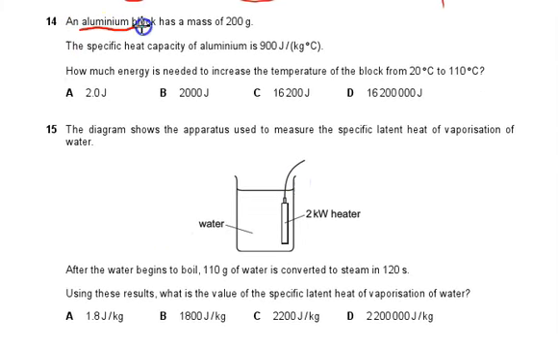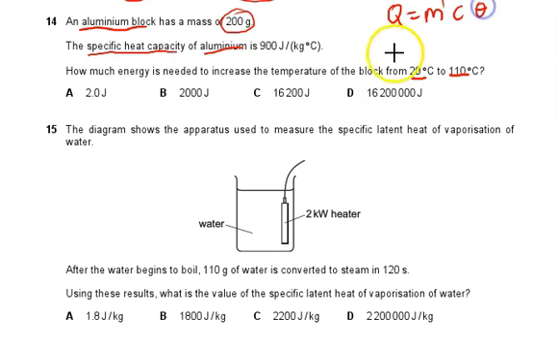An aluminium block has a mass of 200 gram. Specific heat capacity of the aluminium is 900. How much energy is needed to increase the temperature of the block from 20 to 110? So we have to use mcθ. So this is about 0.2.